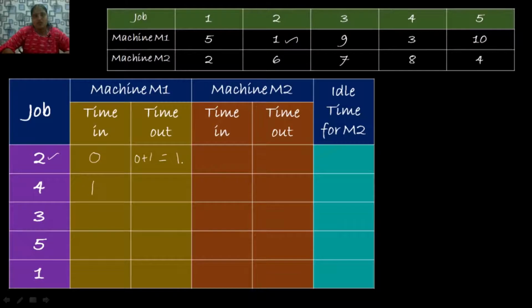So the in time of job 4 is 1 hour, and it needs a processing time on M1 of 3 hours. So 1 plus 3 is equal to 4. So the time out of job 4 on machine M1 is 4 hours.